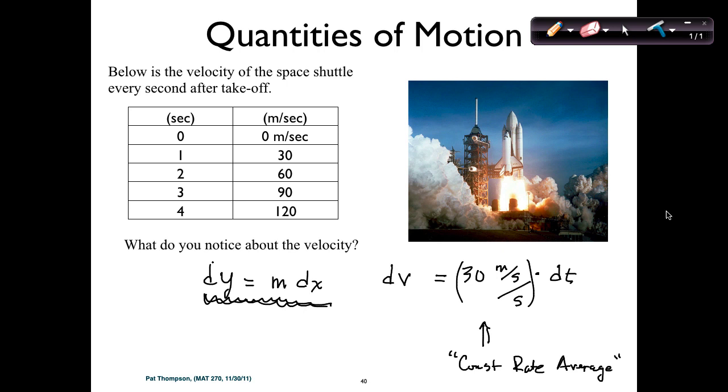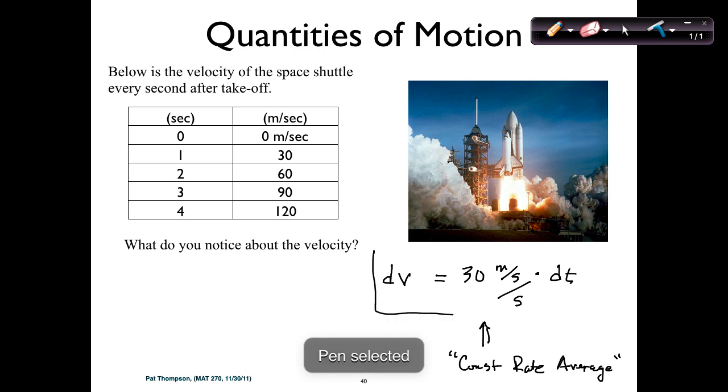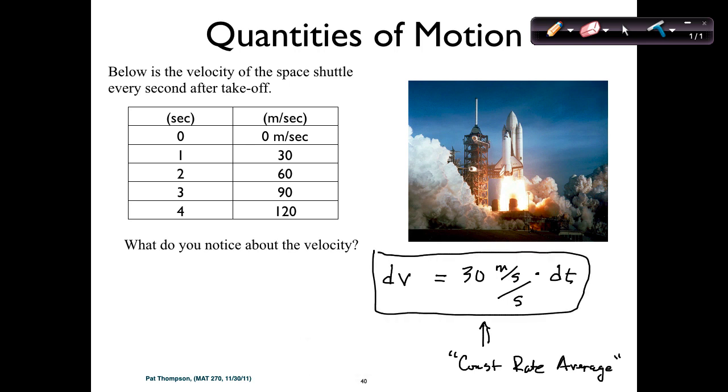Okay, so now I want to use that. So that's the last thing. When I use this fact to say what the speed would be at 4.7, I want to use this fact too, that at 4, it's 120.